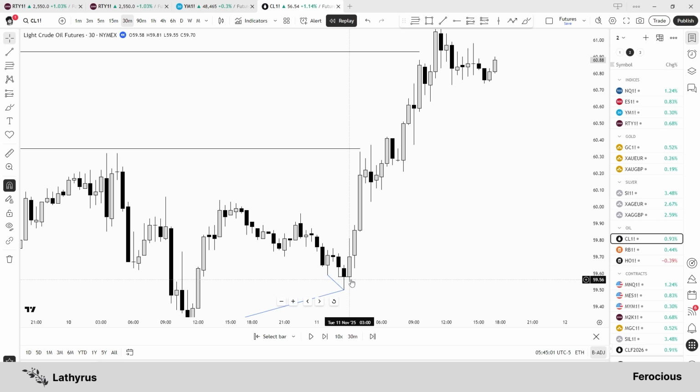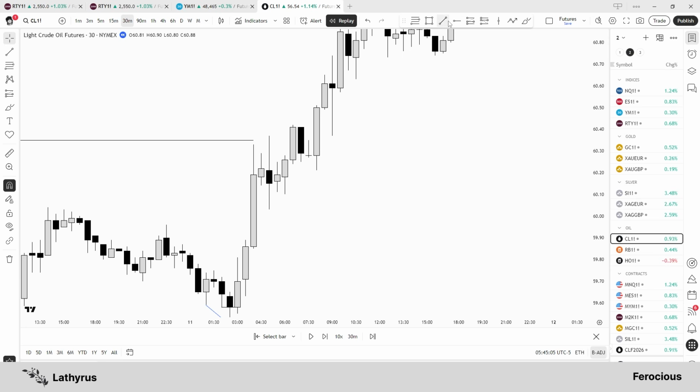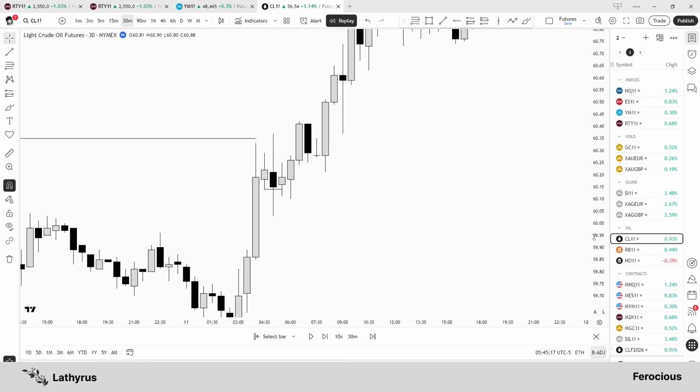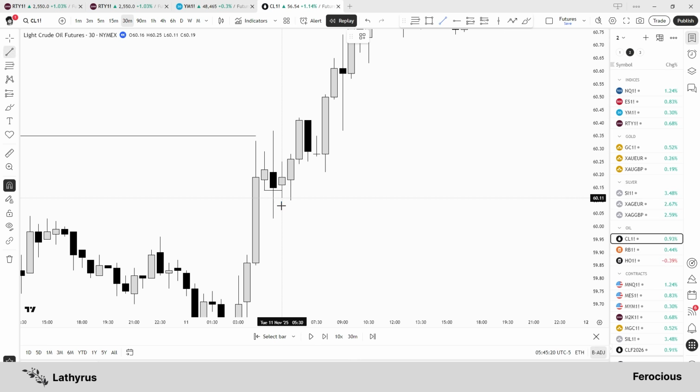This is the C2 formation here, C3, 4, 5, 6. So we can look for a C1, C2 formation again. That's what we're getting here. This is the first opportunity to trade the reversal, C2 or C1, C2 continuation, but we form a C2 reversal here once again.